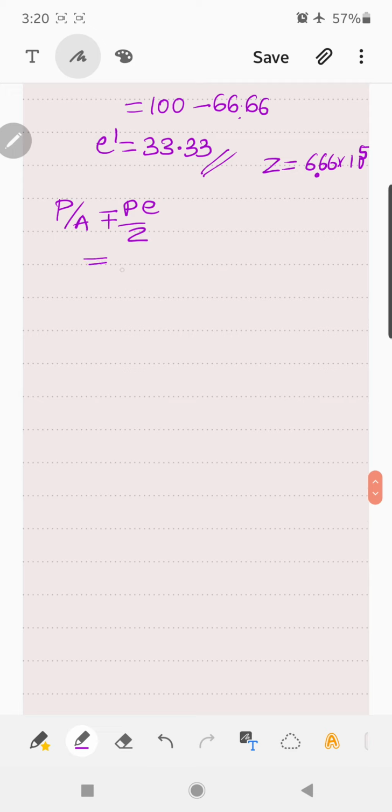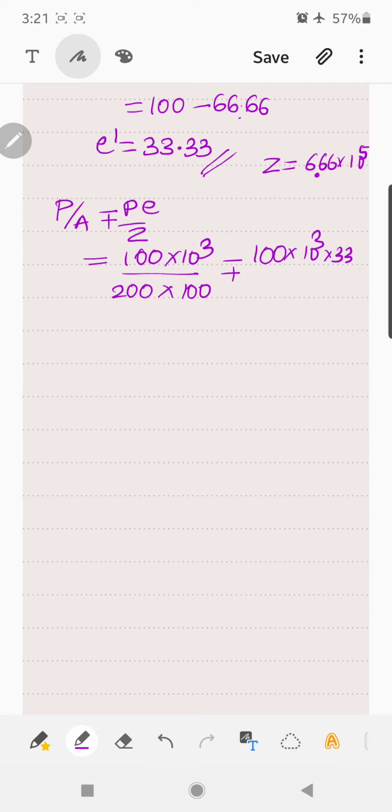This distribution is P by A minus or plus P by Z, 100 into 10 to the power of 3 divided by 200 into 100 minus or plus 100 into 10 to the power of 3 into eccentricity 33.33.